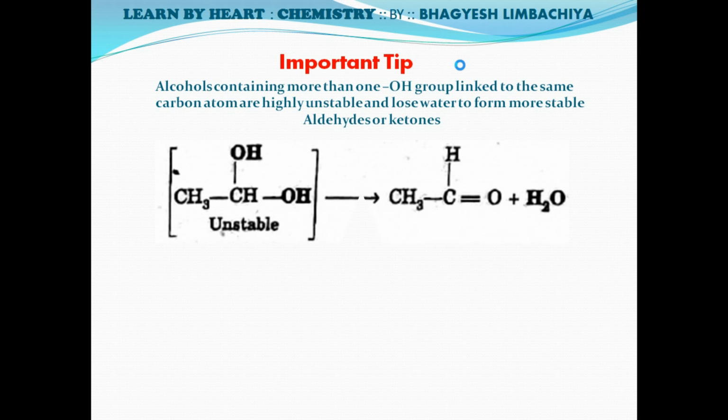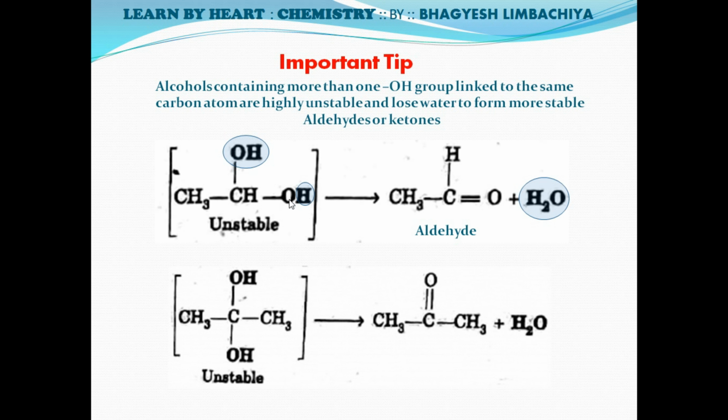Consider this reaction. First of all, this OH is removed, and from another OH, hydrogen is removed to give this water molecule, and then a double bond is created between this carbon atom and this oxygen atom, and we get an aldehyde.